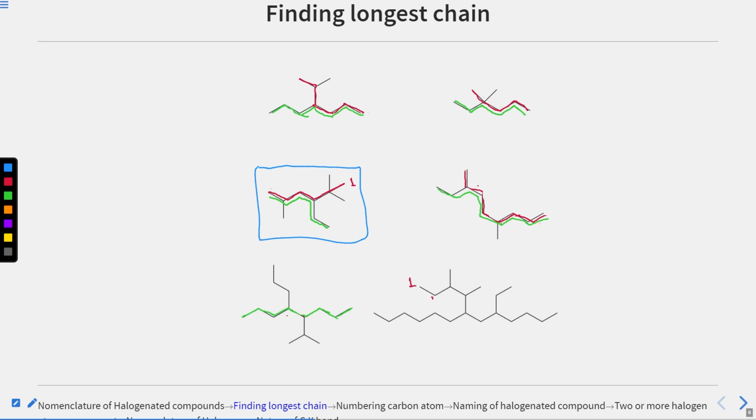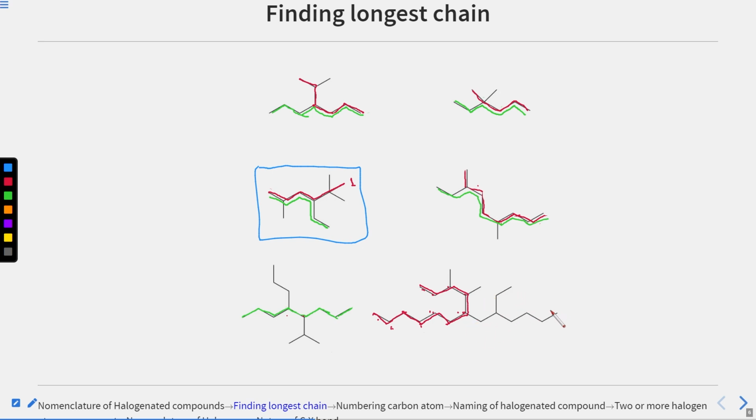Let us start our numbering from here: 1, 2, 3, 4, 5, 6, 7, 8, 9, 10, 11. So we found an 11 chain here. If you try it from here, it is also 11.